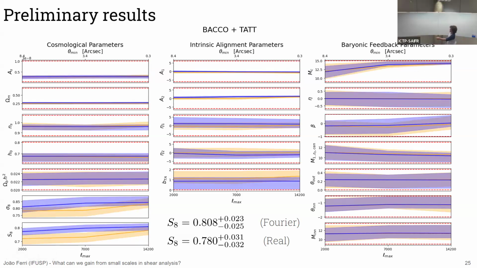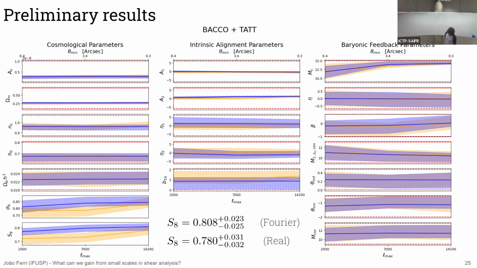Of course, Baco has 7 parameters to model baryonic feedback. So it's a lot of parameters, and we cannot say much about all of them. The last 6 parameters are pretty much prior dominated, and only the first parameter is well constrained.